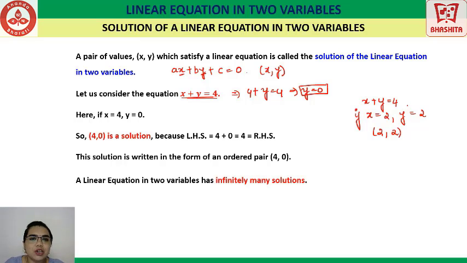Like that, how many solutions can we find? If you observe, we can find infinitely many solutions. Just look at this: 1 comma 3, 3 comma 1, minus 1 comma 5. Like that, you have infinitely many solutions for one particular linear equation. So a linear equation in two variables has infinitely many solutions.